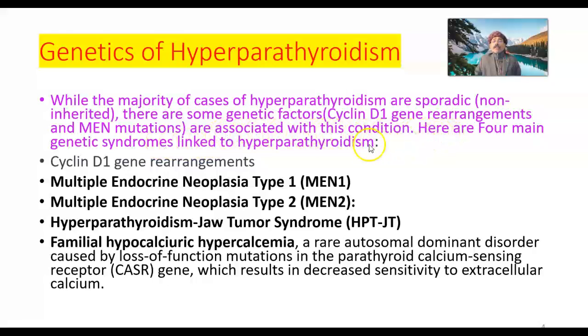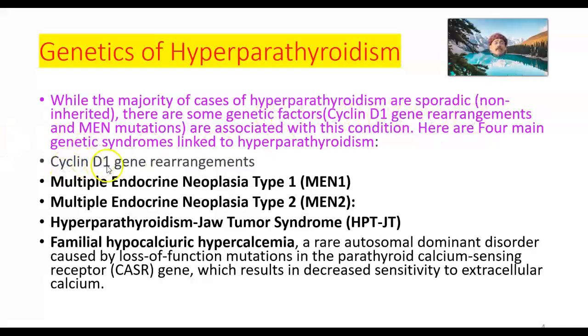On rare occasions, there is the minority group. Mostly it is a sporadic adenoma of one of the parathyroid glands, but it may not be sporadic, it may be there is some particular genetic factor.